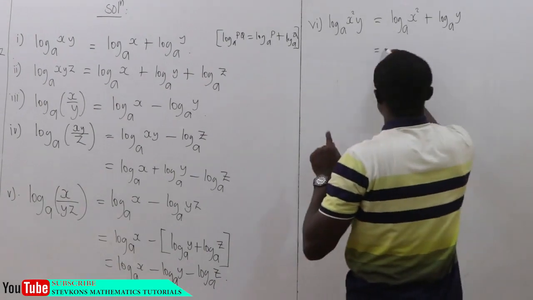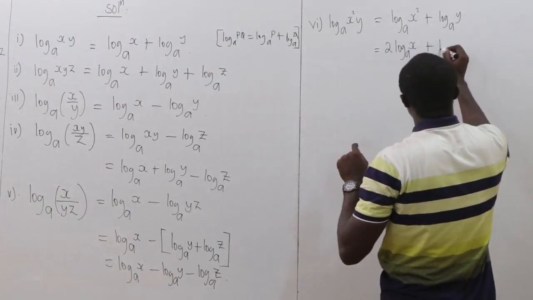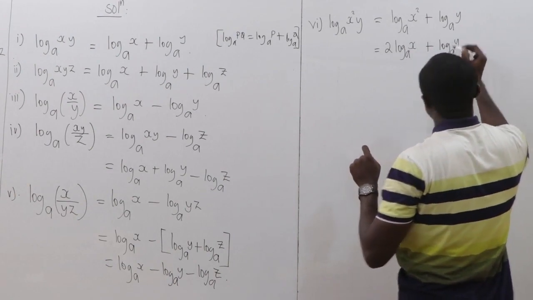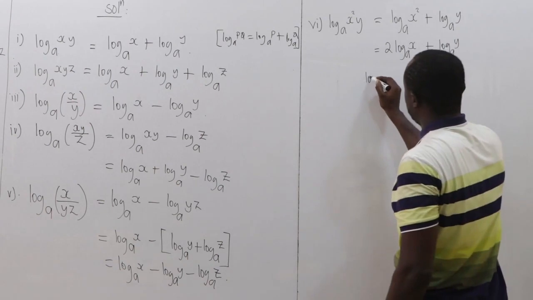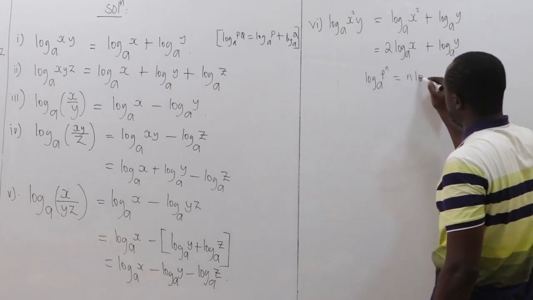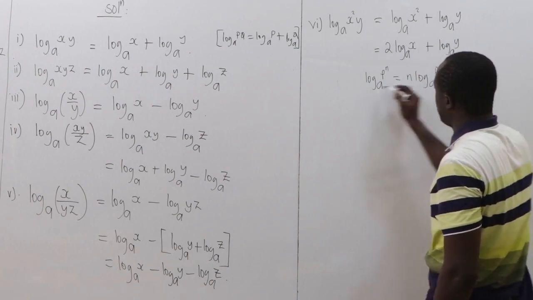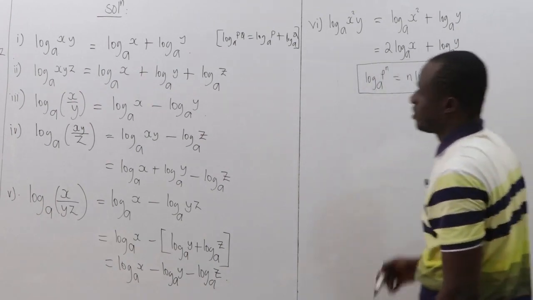So this is the same as 2 log a of x plus log a of y. From the third law, we know that if you have log a of p to the n, this is the same as n log a of p. That is from the third law.